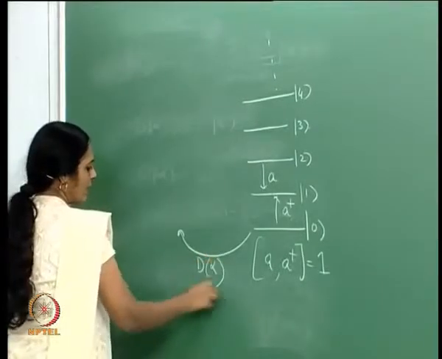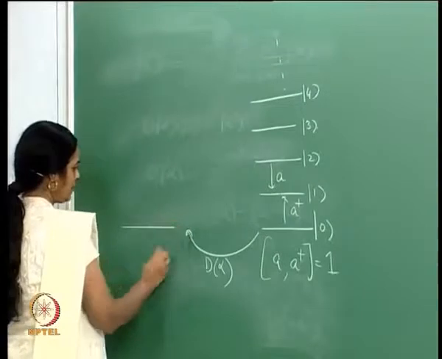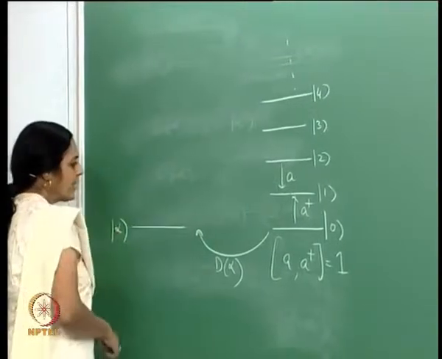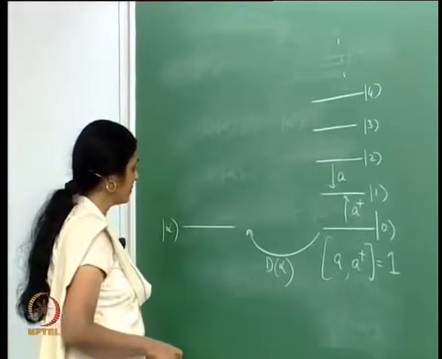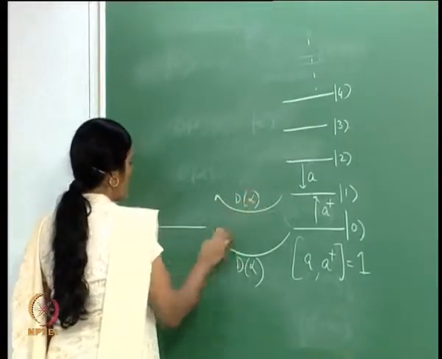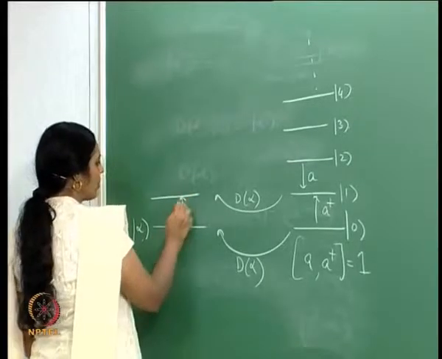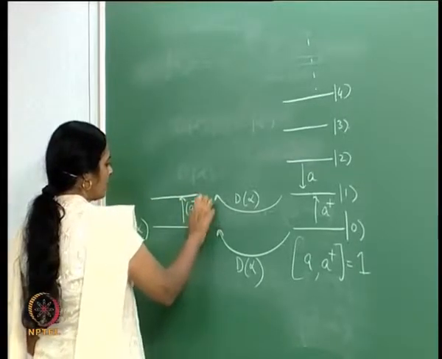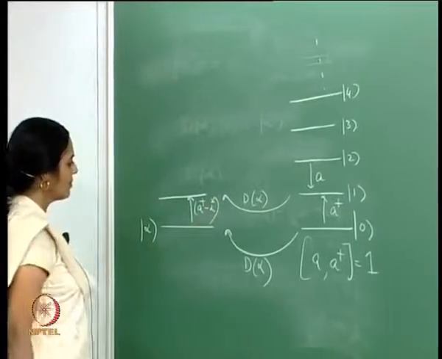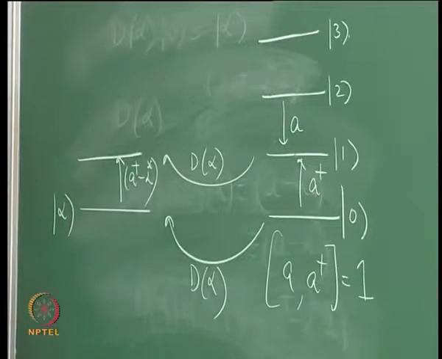Then if I act D of alpha on ket 0, I get the state ket alpha. If I work with D of alpha on ket 1, I get a state which I can reach from ket alpha by acting A dagger minus alpha star on ket alpha.